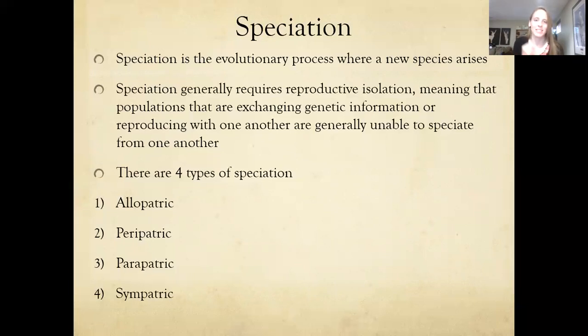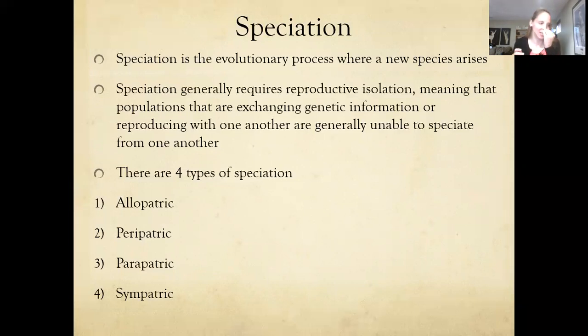Okay, speciation. It's another evolutionary process. This process is essentially how we get new species. Speciation usually requires reproductive isolation, meaning that the populations cannot be exchanging genetic information or reproducing with one another.